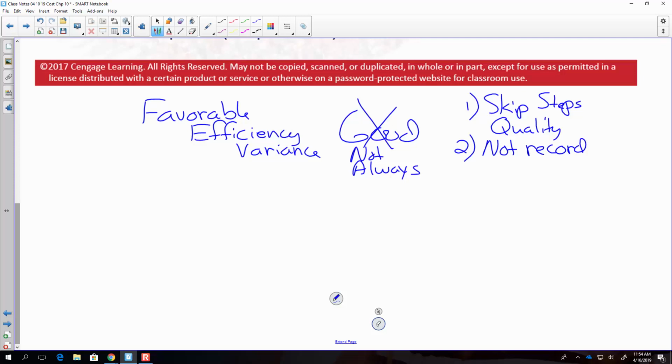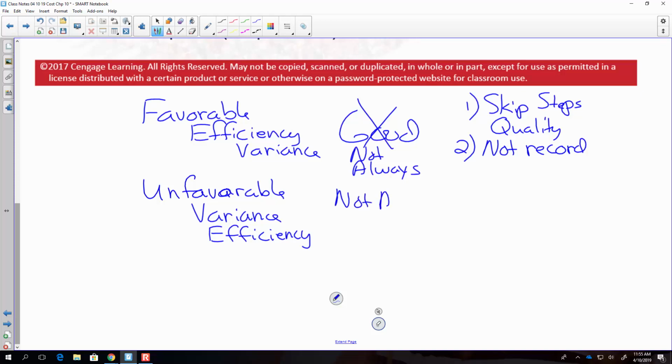And unfavorable, and again, I'm going to pick on efficiency, is not always bad. How can that be? An unfavorable efficiency variance is not always bad.